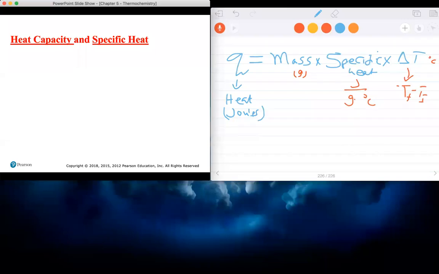What is on this slide here, we need to differentiate between the heat capacity and specific heat of a substance.